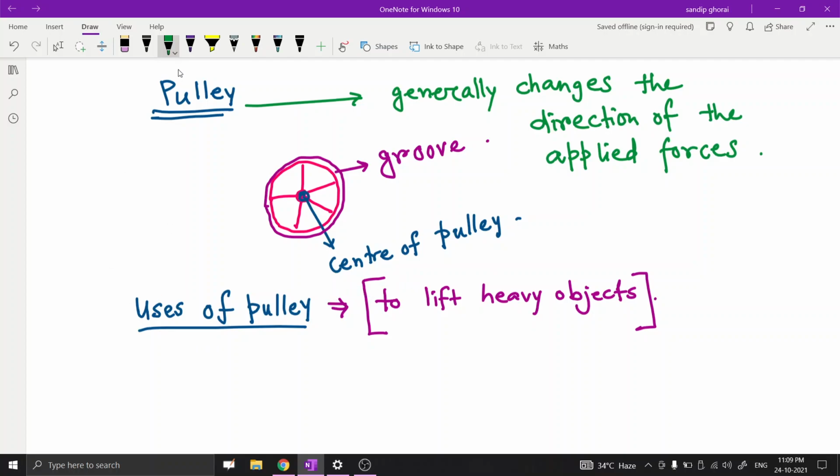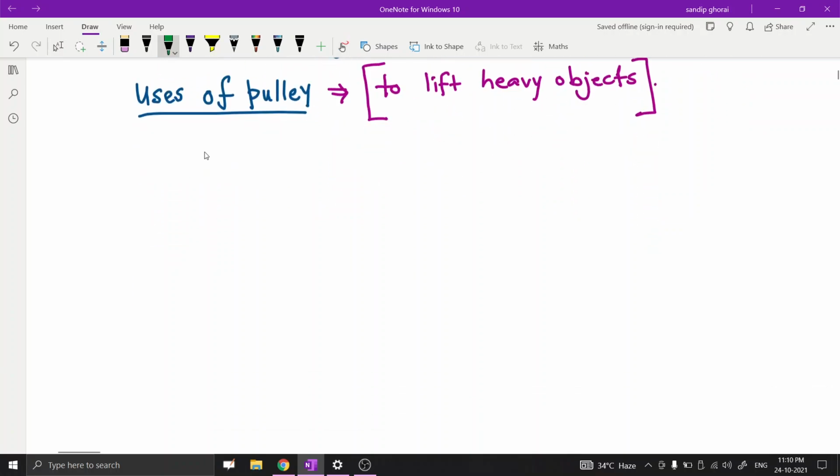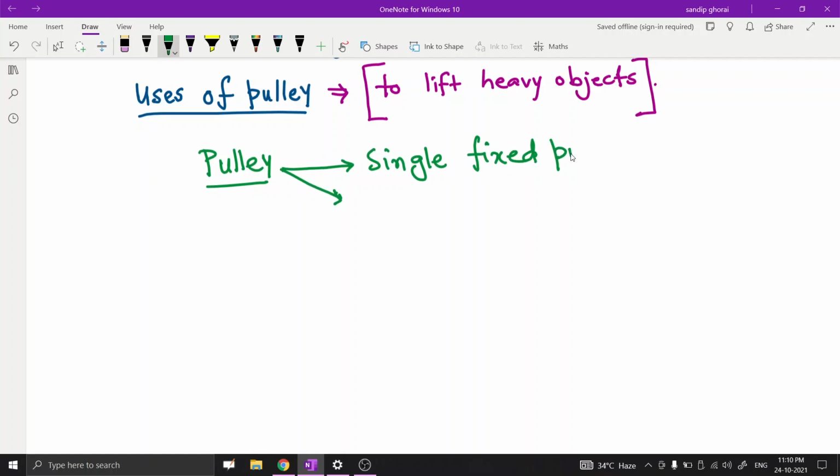There are two types of pulley, or we can say pulley is classified into two groups. The first one is single fixed pulley, and the second one is single movable pulley.